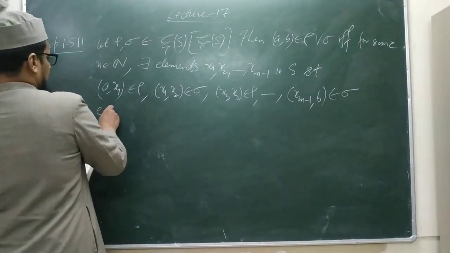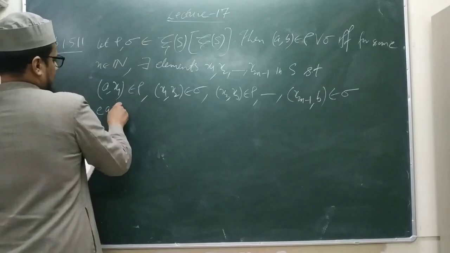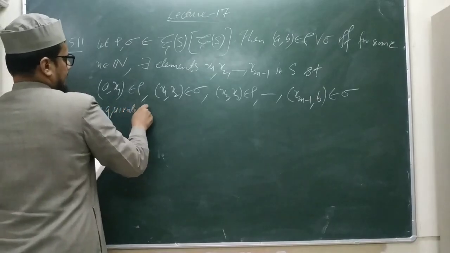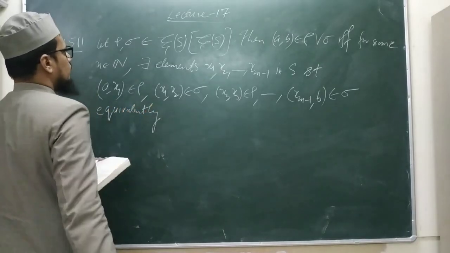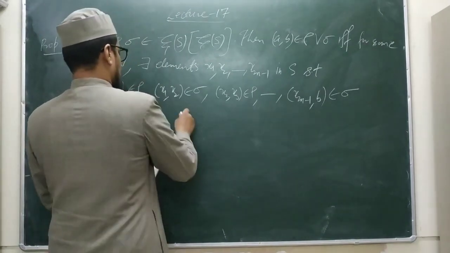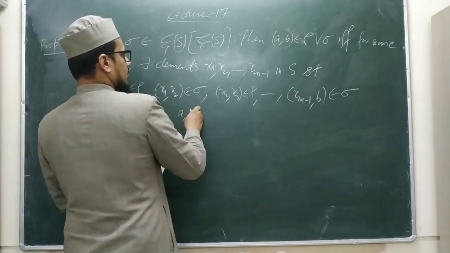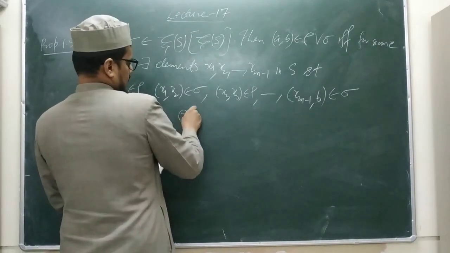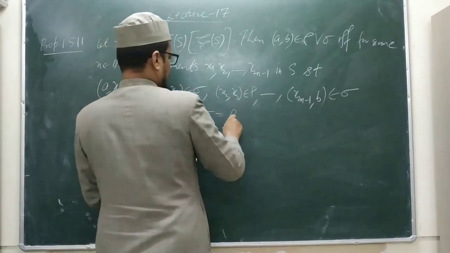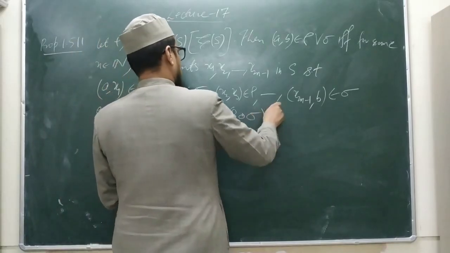Equivalently, I say equivalently, A comma B belongs to rho join sigma, which is equal to rho composition sigma to the power infinity.